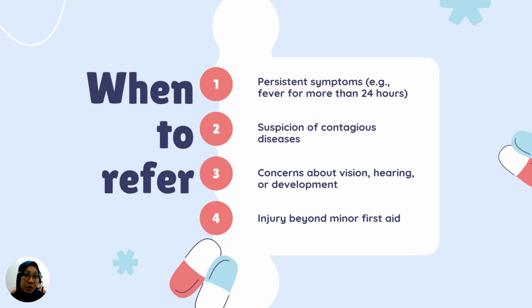First, if a child shows persistent symptoms, meaning the symptoms last longer than usual, like a fever lasting more than 2 or 3 days, it is a clear sign to consider a referral to a hospital or a specialist.